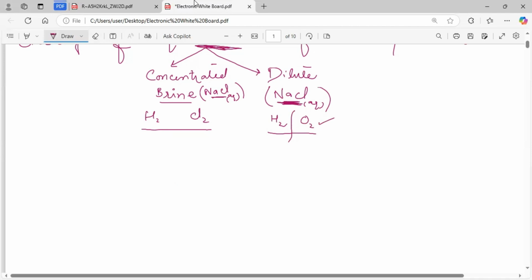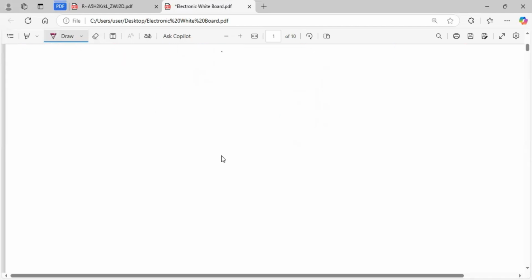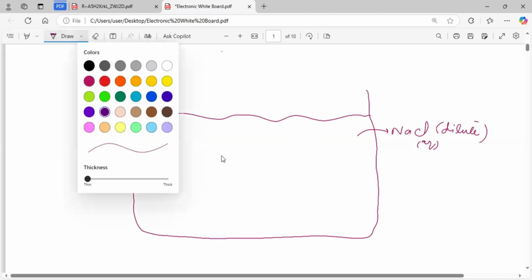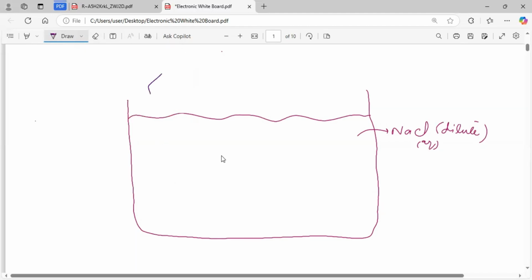Now let me clear this in detail. Again, I am going to take a beaker, a simple container, in which I will pour the dilute solution of NaCl. Now, as explained yesterday, we will take two electrodes made of either platinum or graphite, that is carbon.